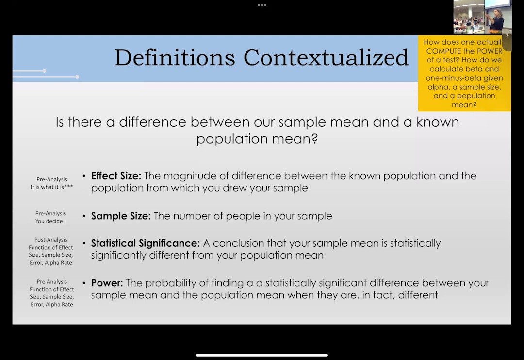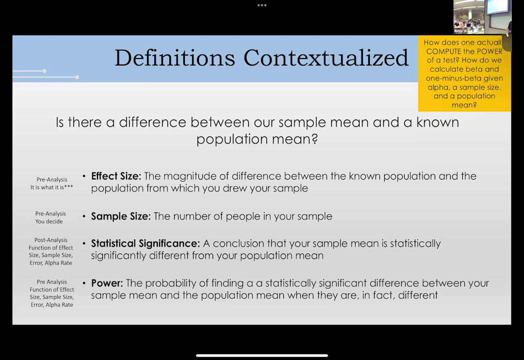If I want a power of 0.9, how many people do I need, right? Now, there's trade-offs, right? You want high power, right? You got to trade off other things. Why wouldn't you just always do 100%? Well, one, you can never be 100%, but even if you were 99, you're not going to collect data from 100,000 people, usually, right? So there's trade-offs.